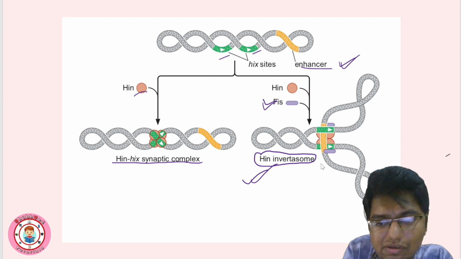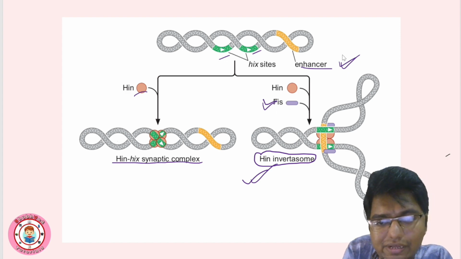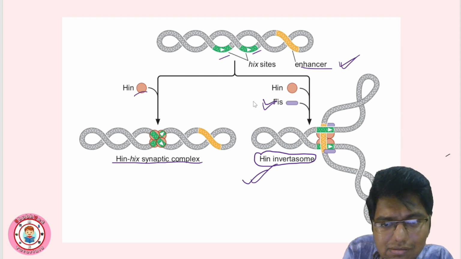It contains Hin, the Hix regions, as well as FIS, and it increases the inversion process. So one additional factor we have to know is FIS, which is important for inversion by forming an invertasome. This is complementary to IHF that we saw in lambda integrase.